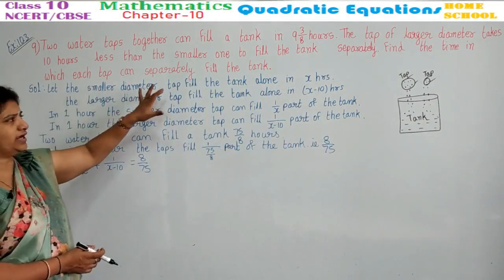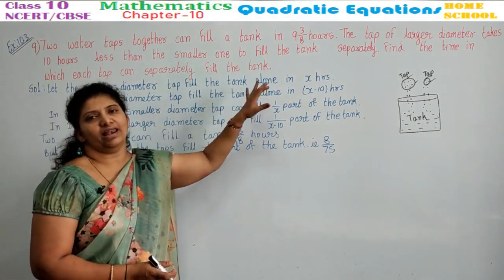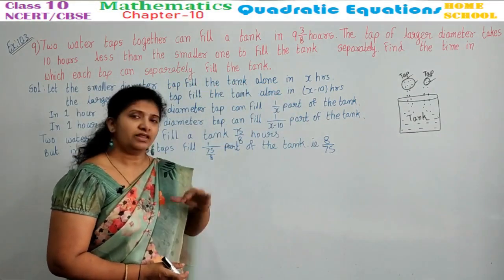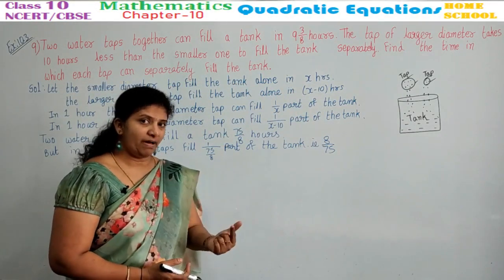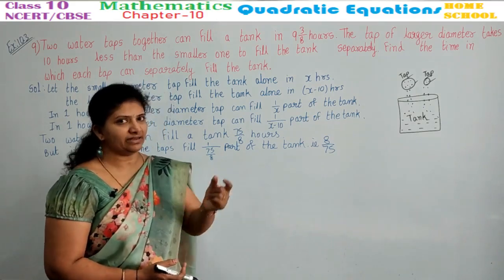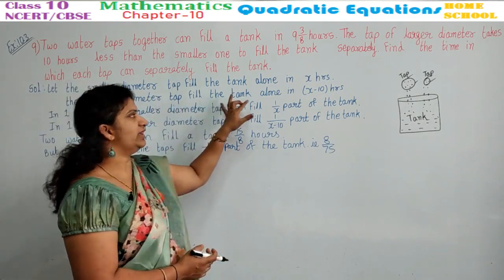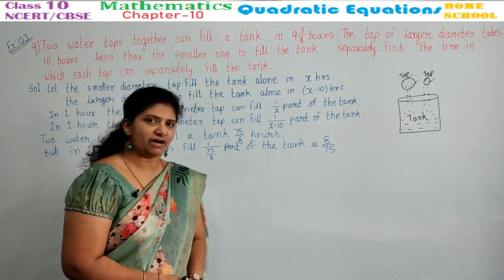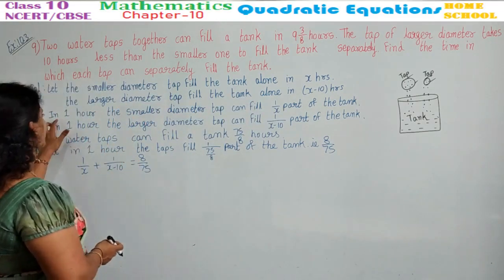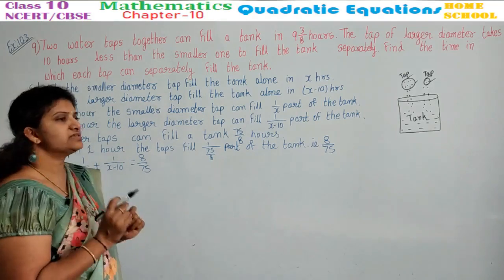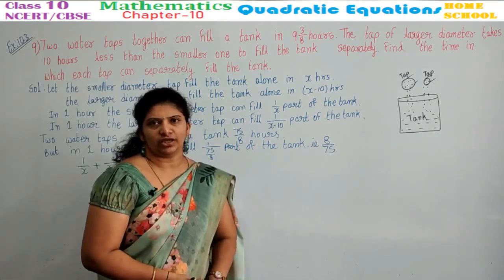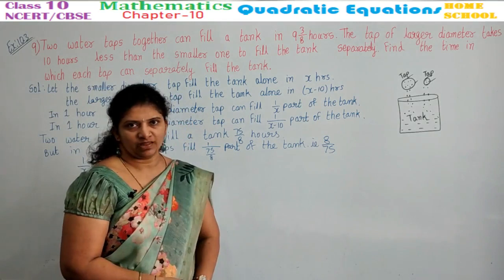Let the smaller diameter tap fill the tank alone in x hours. Then what about the larger? x minus 10 hours. The larger diameter tap fills the tank alone in x minus 10 hours. I'm going to consider 1 hour now, children, in order to frame the equation.